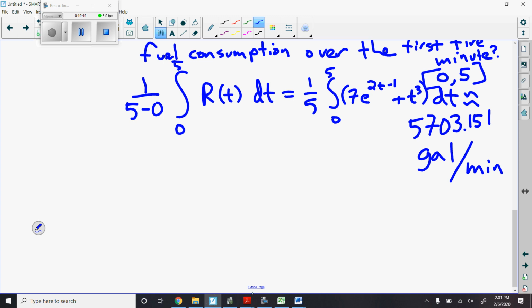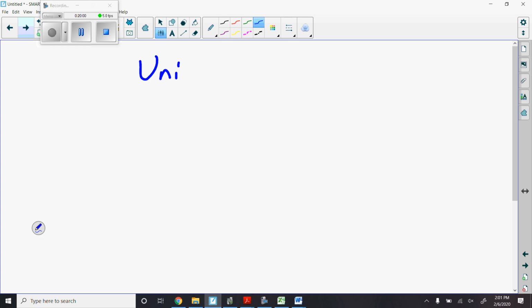So I just want to talk about that a little bit. Let's just do a quick unit analysis thing, and then we'll be done. Okay. So when we do a definite integral, to find the units that our answer is going to be in, we want to take the units of the function times the unit of the variable we're integrating with respect to.